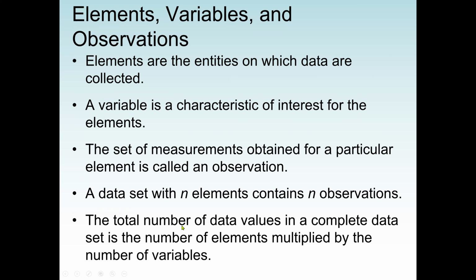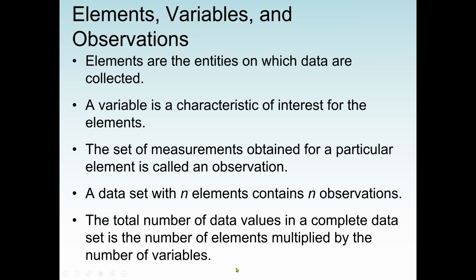A data set with n elements contains n observations. For example, a data set with 100 customers contains 100 observations. Also, the total number of data values in a complete data set is the number of elements multiplied by the number of variables.